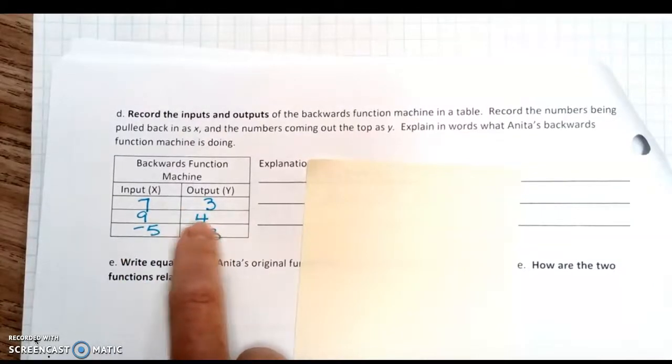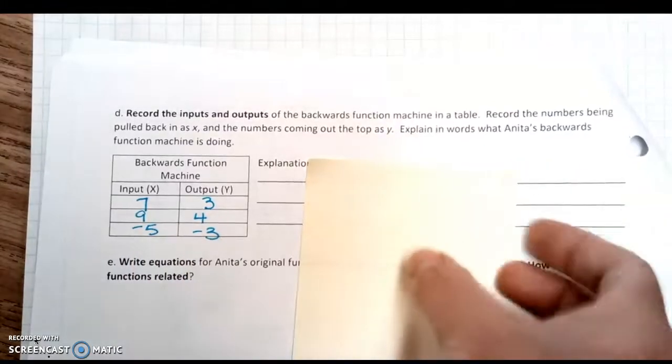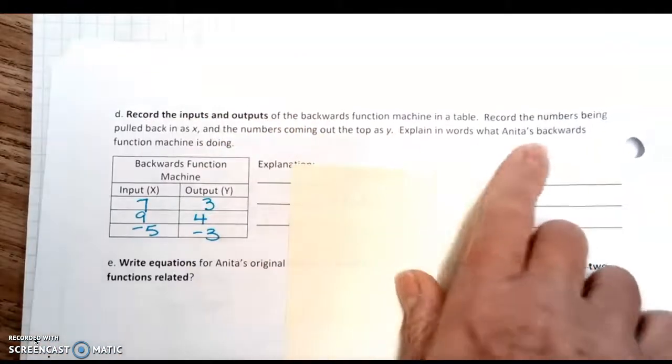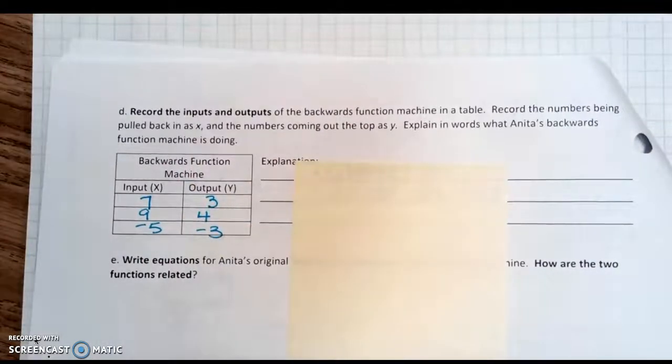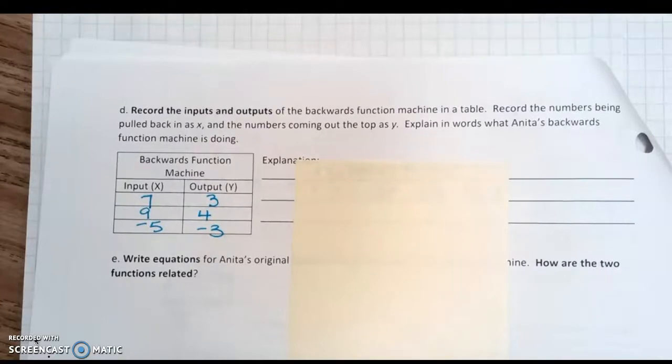We had 4 in the input and 9 on the output, and so forth. So this time, they want us to explain in words what Anita's backwards function machine is doing. Now that it's working backwards, how can we figure out how to get from here to here? What operations would happen?